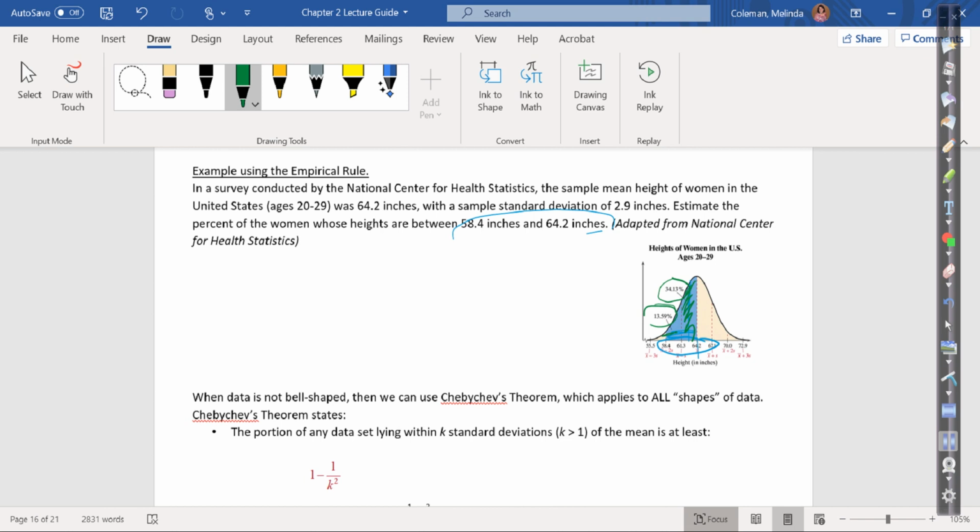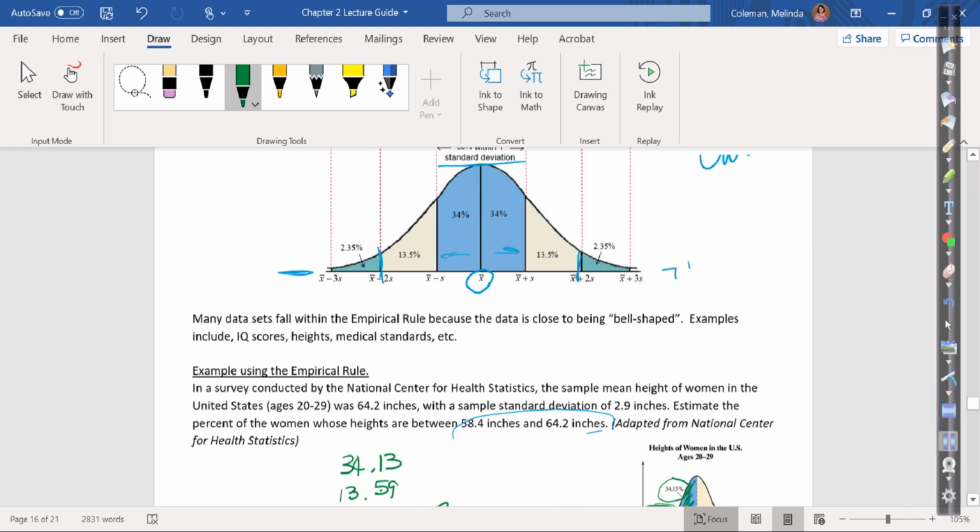So if I add those together, 34.13 and 13.59, if I add them together, I have 49.72% of the population would be that height. And that should make sense based on this chart.